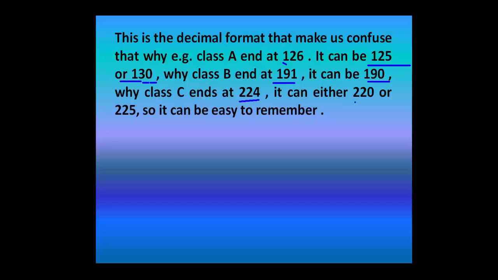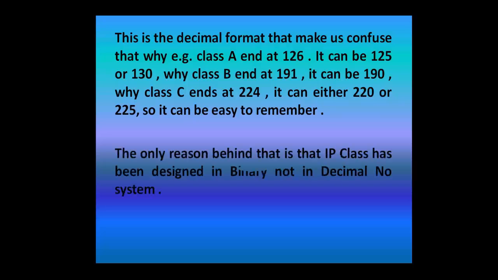It could be either 220 or 225. Because this is a decimal number system. The actual reason behind this is that IP classes have been designed in binary, not in the decimal number system.